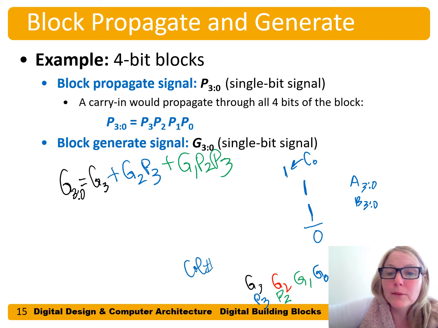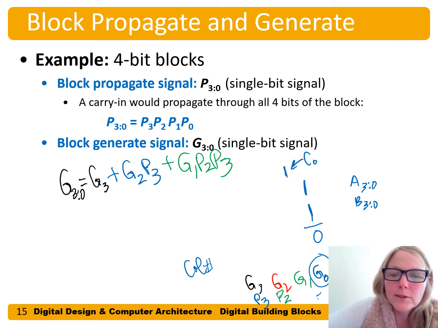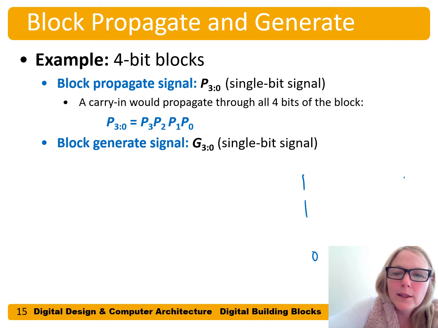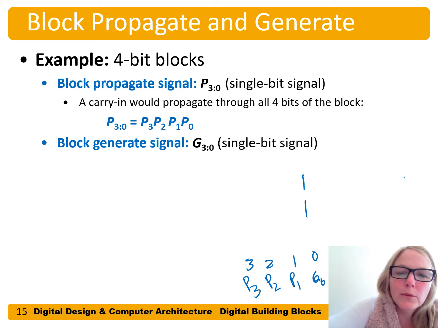So C sub 0 is going to be true because it generated, right? G sub 0 in this case is 1. But we better make sure that propagates all the way through. So we get 1, 1 in that 0th column, but we better in columns 1, 2, and 3 get a propagate. G0 better propagate through column 1 and propagate through column 2 and through column 3 to get to the carry out of that block.